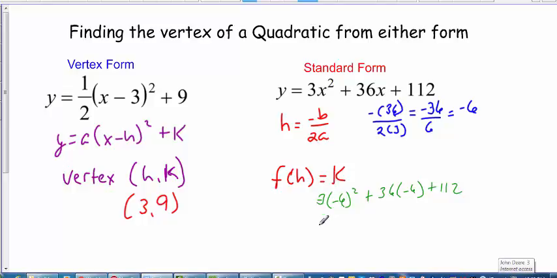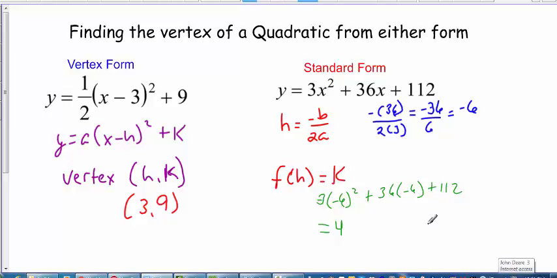Well, it's going to be equal to 4. So when you plug this in, you need to find the h first, which is negative b over 2a, which gives you negative 6. Take negative 6 and plug it in for each value of the variable, and that's what we've done here, and evaluate it, and you'll get the k.